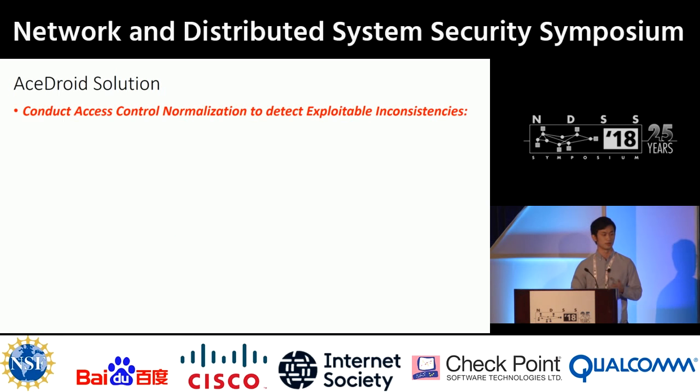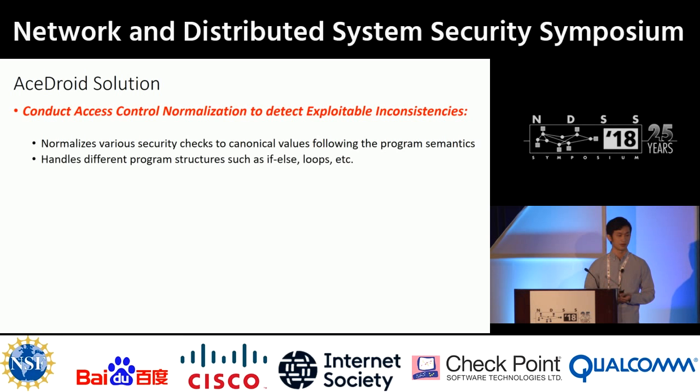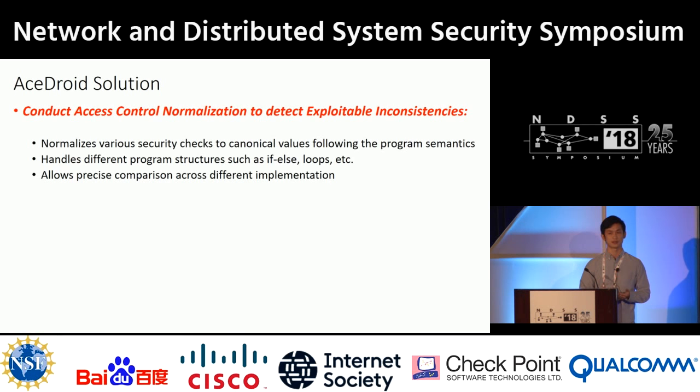So we propose to conduct access control normalization to detect exploitable inconsistencies. Our technique normalizes various security checks to canonical values following the program semantics, and handles different program structures such as if-else and loops. And this allows more precise and concise comparison across different implementations.